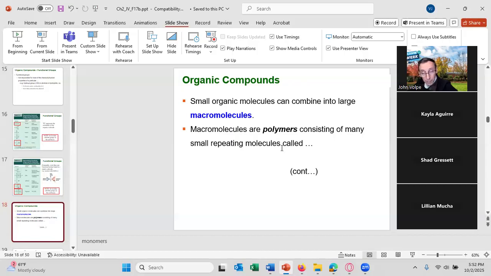The fourth biological molecule, the lipid, some lipids are a macromolecule, meaning some are polymers made up of monomers. But other lipids are not polymers. Like a wax is a lipid, but it is not a polymer made up of smaller repeating monomers. Any question about any of that?